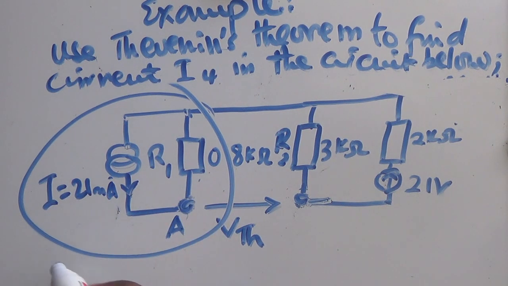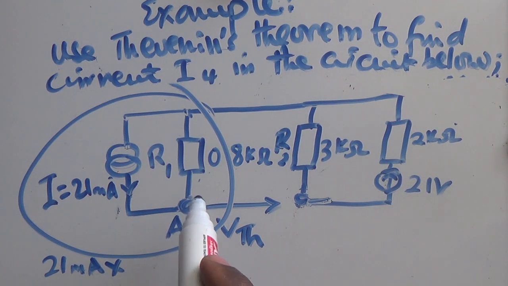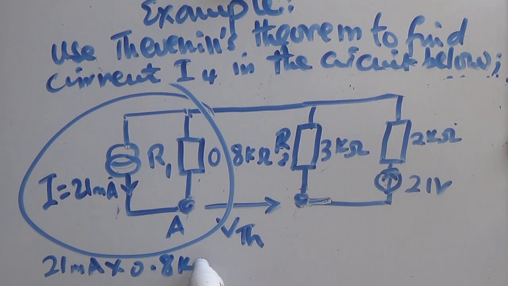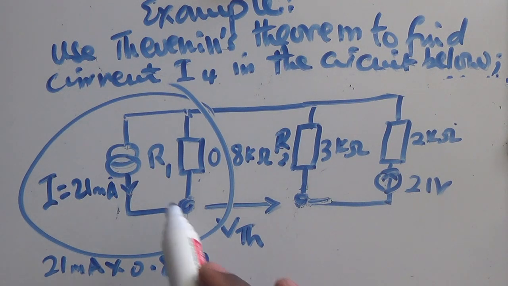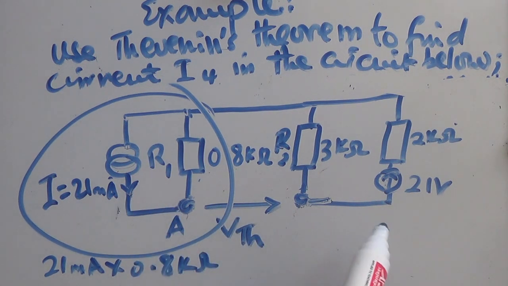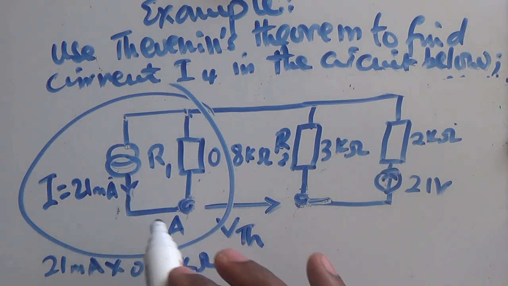So on this side we have 21 milliamps times the resistance, which is 0.8 kilo ohms. This is what we shall get here, and it will be flowing in this direction because of this arrow.